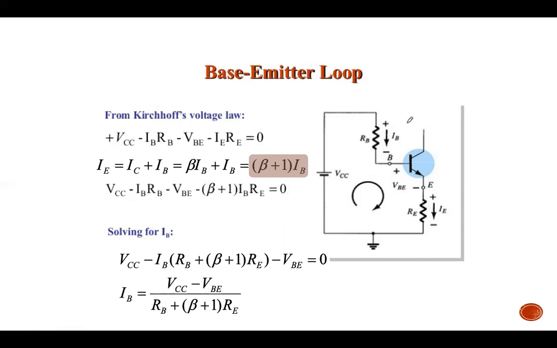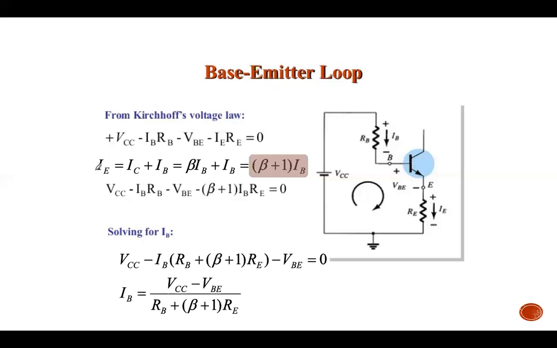The first loop we call the base emitter loop, because this is the base and this is the emitter. When you do KVL for this loop, you will get this equation: VCC minus IBRB minus VBE minus IERE equals 0.